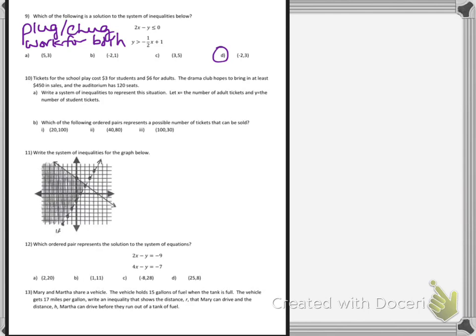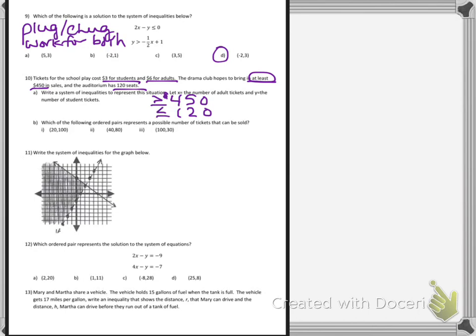10 tickets for school play, $3 for students, 6 for adults. At least means greater than or equal to $450 in sales. I'm going to put a dollar sign there so I know the rest of that inequality needs to be money. The auditorium has 120 seats, so we can sit exactly 120 or less.